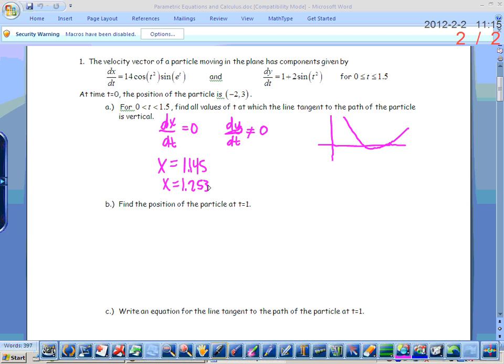Okay, and then you do also need to check to make sure that dy/dt does not equal 0 at either of those two points. And on this particular problem, that's actually very obvious.